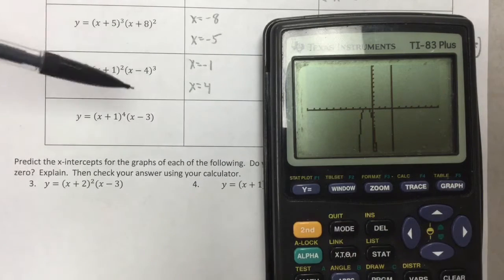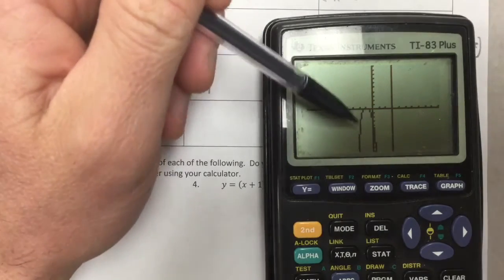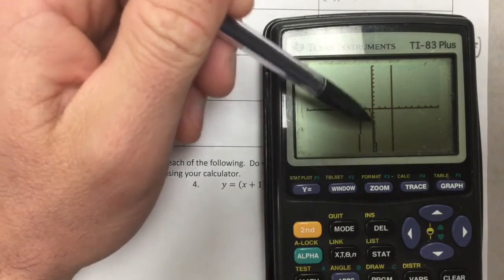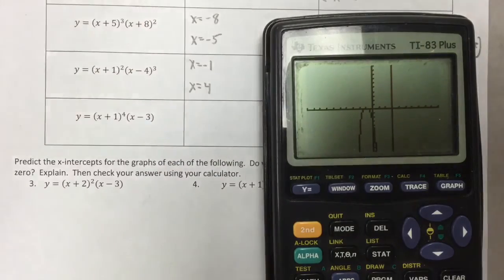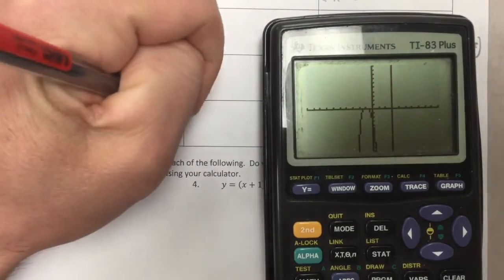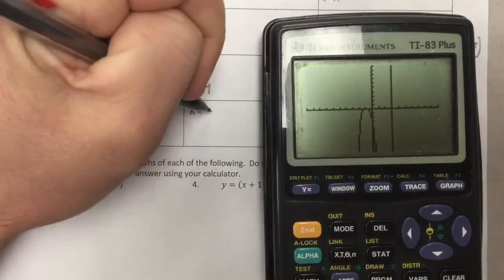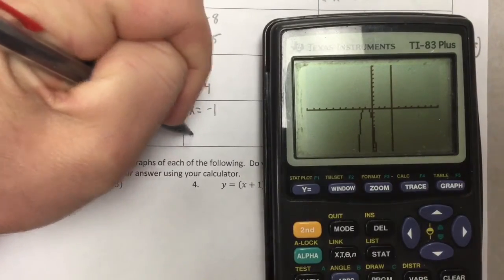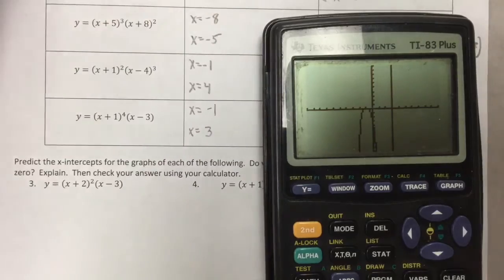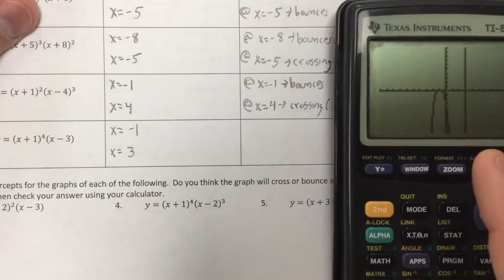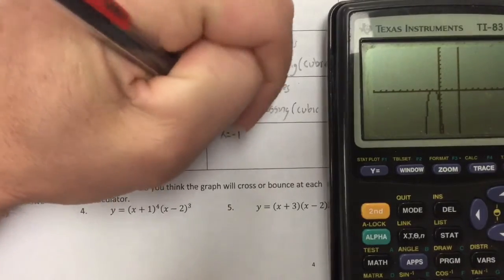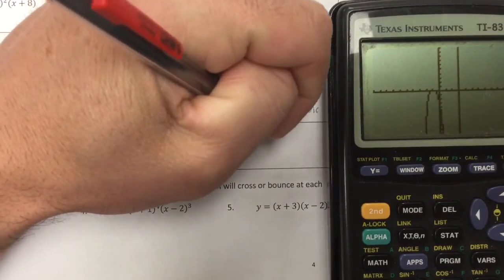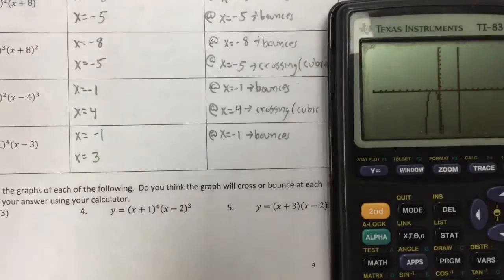So it is still going to be bouncing. It's just going to be a different kind of shape. So it is still bouncing. That's all that matters. And then it's crossing straight through at the 3. So our roots, our zeros, are still going to be -1 and 3. And it is bouncing at -1. And at 3, it crosses.